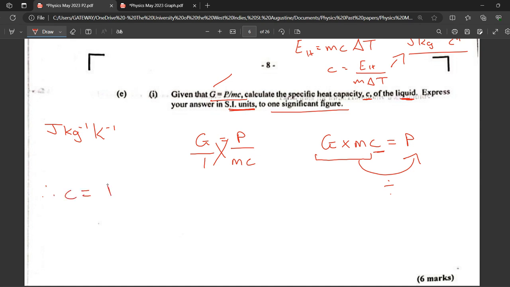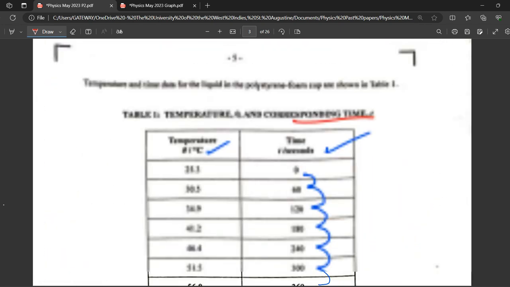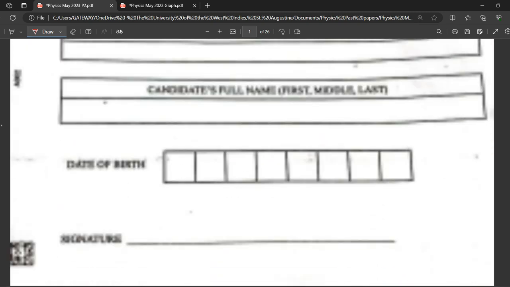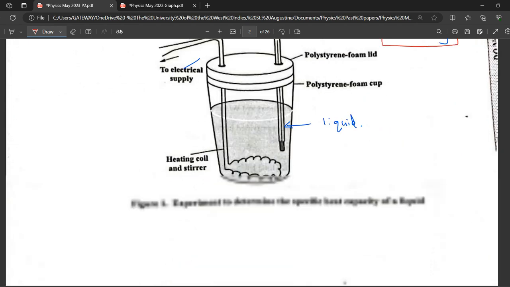So the specific heat capacity is equal to the power divided by G, which is the gradient, multiplied by the mass. Now, at the beginning of the question, I would have converted the mass from 300 grams to kilograms, which is 0.3 kilogram. And we already had the power in terms of watts, which is 105.